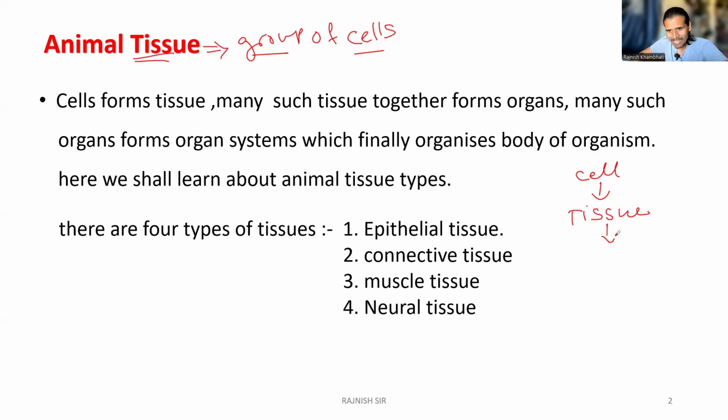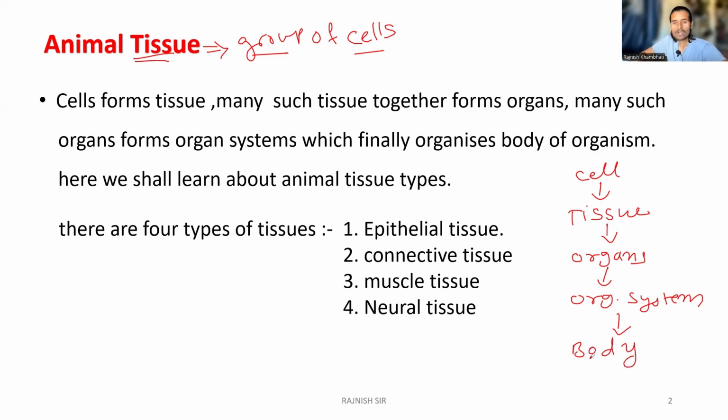Now, many tissues together form organs, and many such organs together form an organ system. This organ system together will form the body of the organism.